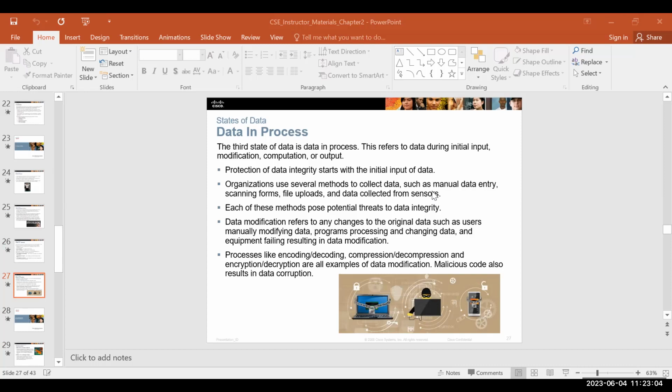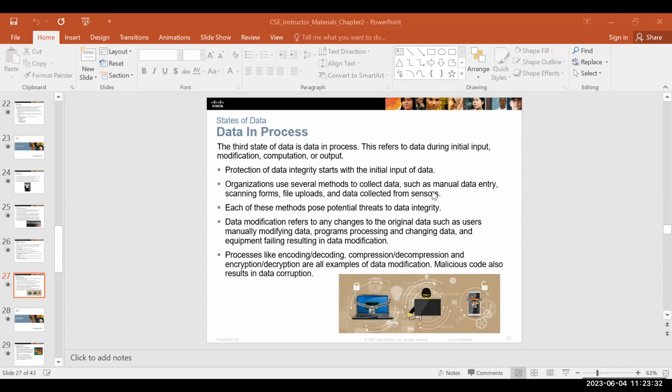Compression is when you compress the data in order to reduce its size. Decompression is when you retransform it back for the sake of understanding and access. Lastly, encryption and decryption are the terms that I explained earlier.